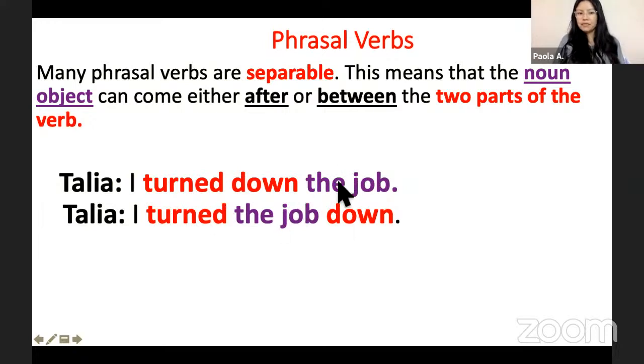Even when it's on the end or in the middle, the meaning is the same. I can do that if I want to, it depends on the situation. I can say I turned down the job, or I can say I turned the job down. Usually the second one is more common, to be honest. I turned the job down is a little bit more common. Do you have any questions here?